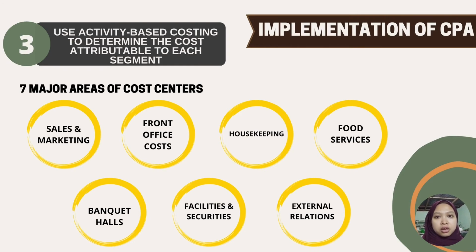The hotel divides its cost centers into 7 major areas. To determine the cost incurred to serve each customer, the management applies time equations used in time-driven activity-based costing to reflect the resource demands of each activity.